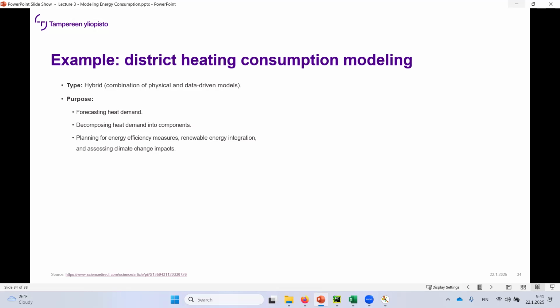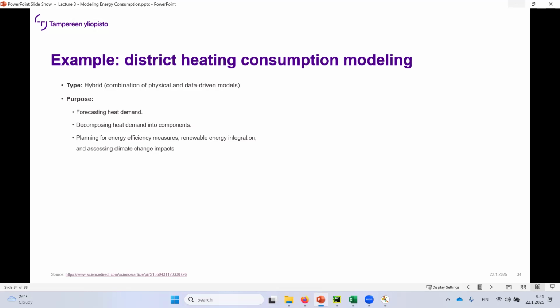And we're going to fix this hot water consumption. So physical model is the one that takes into account the temperature change. And data-driven model is the one that takes into account the behavioral, so this hot water consumption.